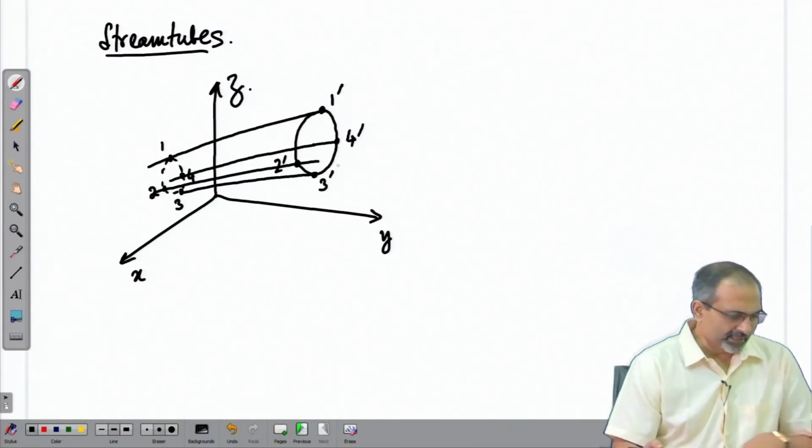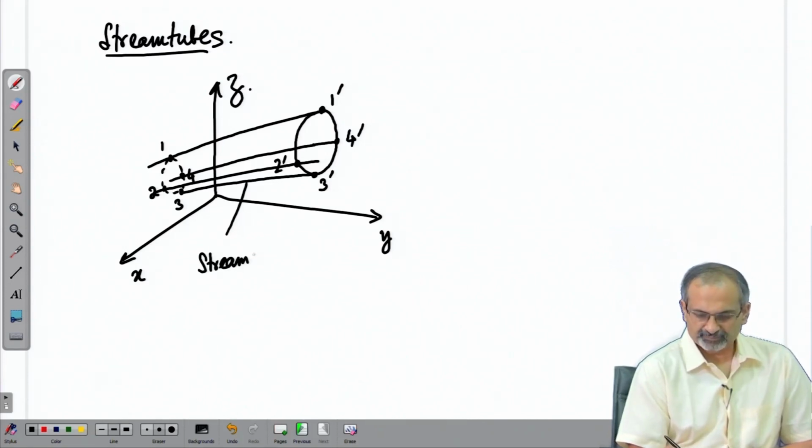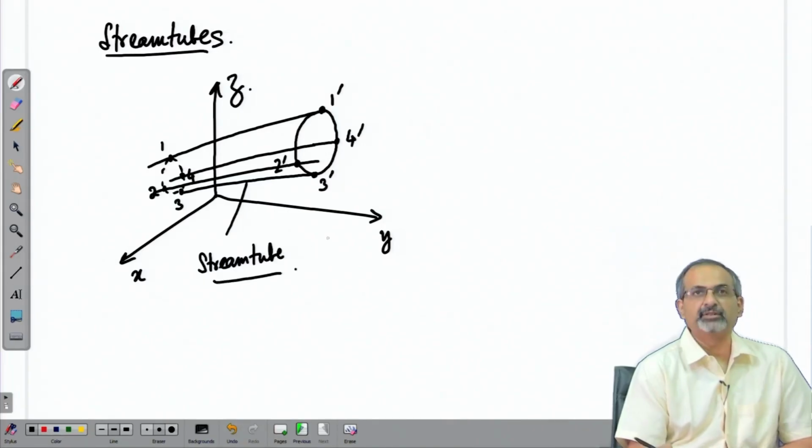And what you see in the process is that a tubular region gets defined, which we call a stream tube.